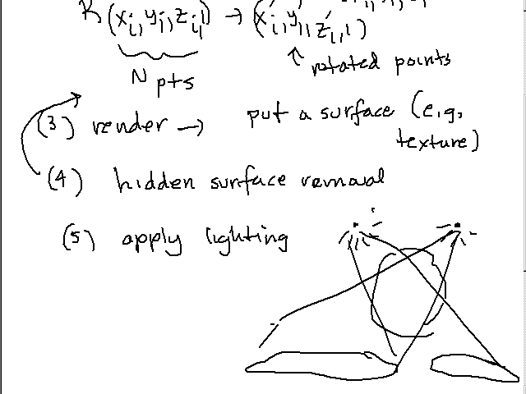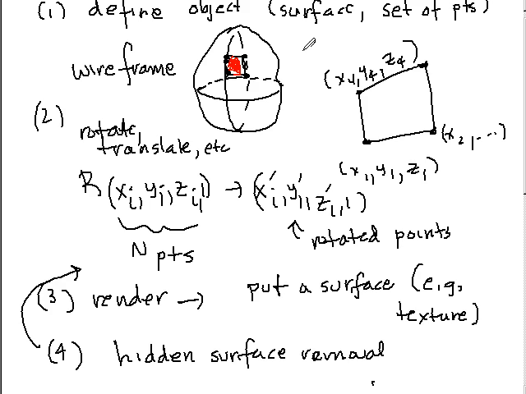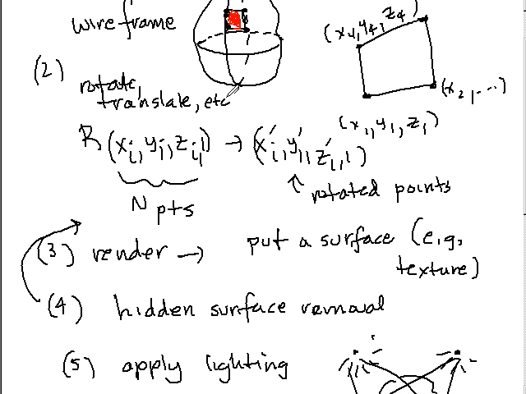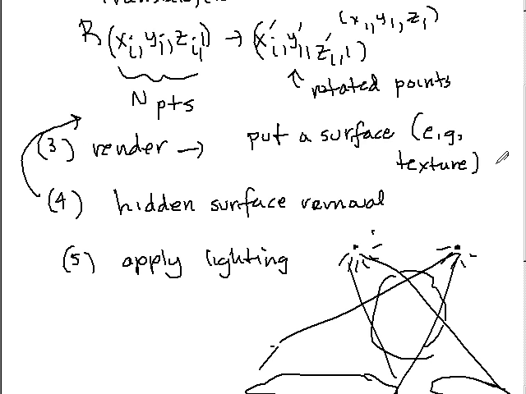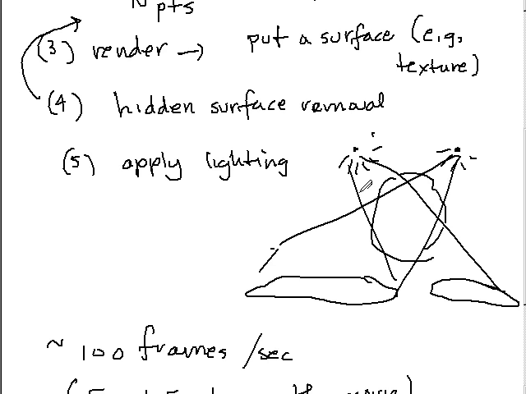When you have people, they have arms and clothing and all kinds of stuff. So they're very complicated dynamics, but essentially it's the same process. You get a collection of polygons, you just rotate that whole mess of polygons in the world. You then say, okay, which ones are visible, put their surface on, apply the lighting, and then render it.